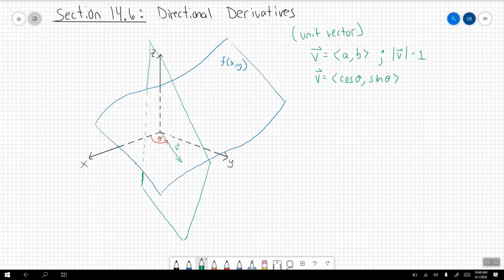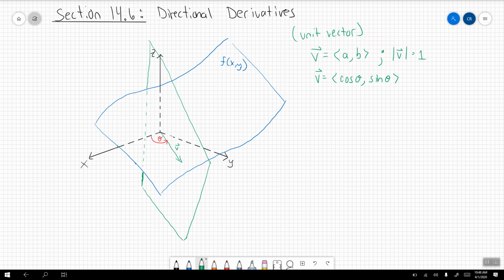Typically it's r cosine theta and r sine theta, but since the radius is going to be 1 because of the unit vector length, then that naturally transcribes to cosine theta, sine theta for all of these unit vectors. So this unit vector allows us to express it in two different ways. One, a unit vector can be based off of the angle, or two, a unit vector can be based off of its individual components that land in the x and y plane.